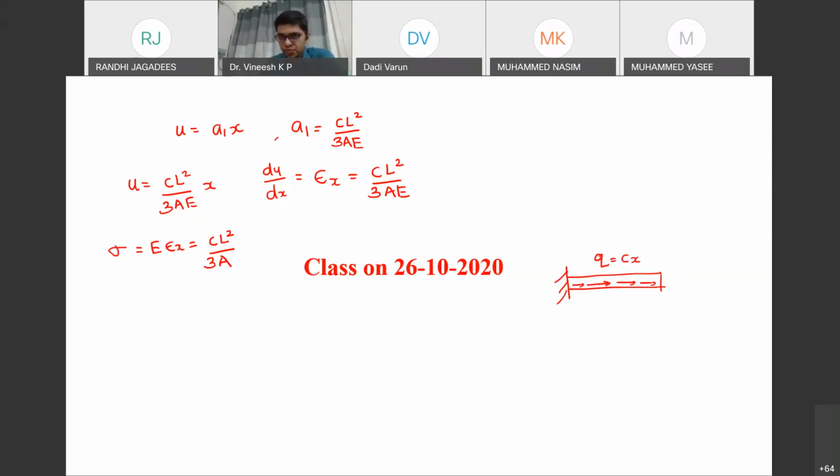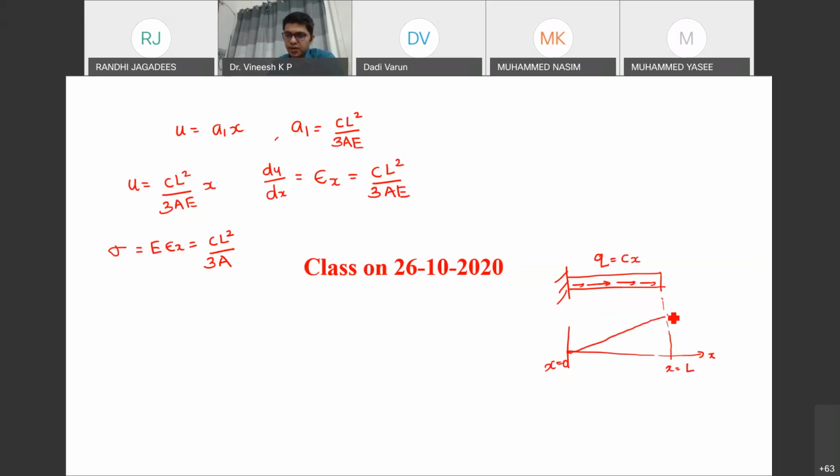So then we assume the displacement. If I plot, this is my x-axis. If I plot according to this expression, displacement is 0 at x equal to 0, and this is the point of x equal to L. What we assume here is displacement equal to A1x, so the displacement has a linear variation.